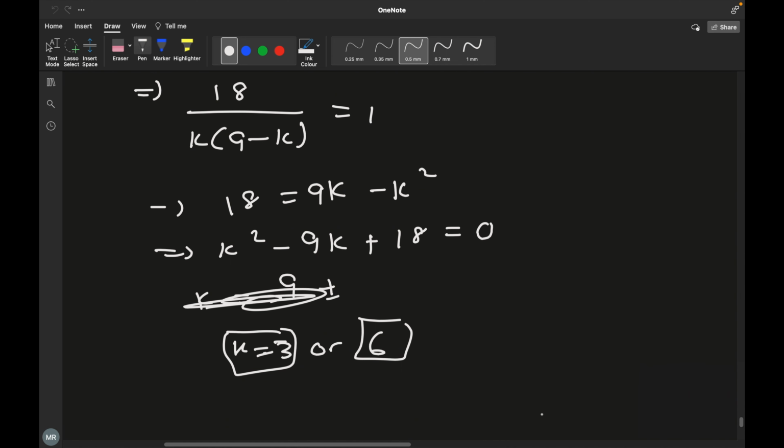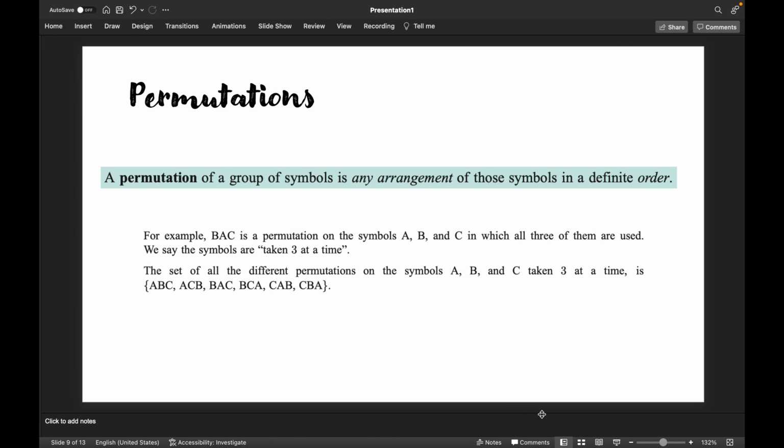Now time to move on to permutation and combinations. Most students find this topic the hardest, including me. I struggled with permutation and combinations last year. It's all about logic, and the more you practice, the more questions you do, the easier it becomes. If you just do 1 or 2 questions and then expect to get all the questions right, that's not going to happen. So you're going to have to practice a lot.